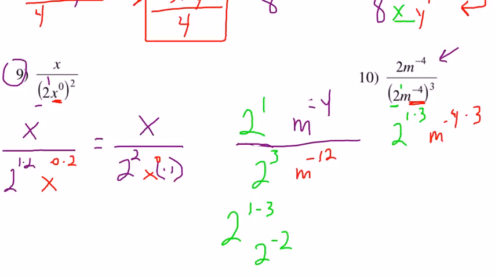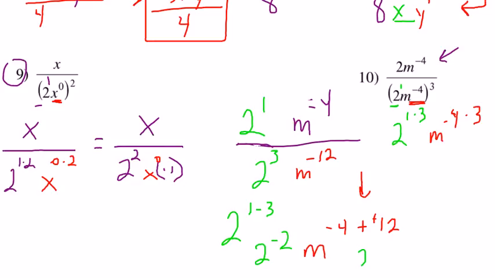My m's, even though they're in different colors, are going to turn into the negative 4 minus a negative 12. That's why we subtract. We see a double negative right here. That really turns into addition.